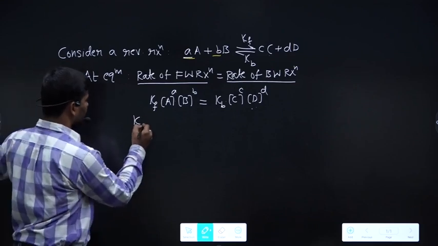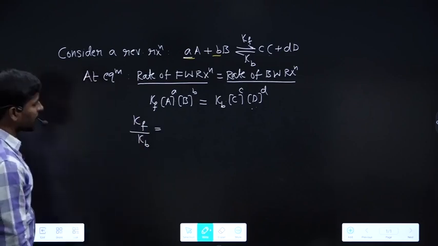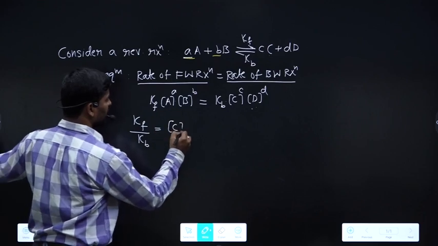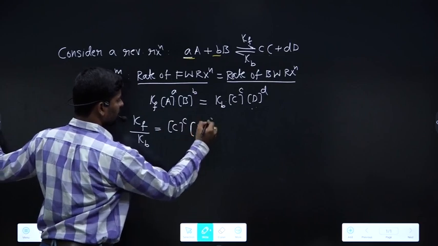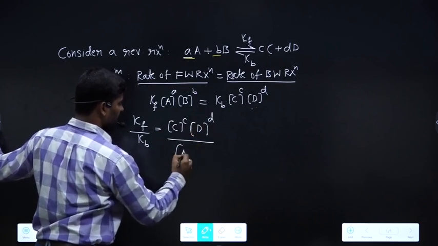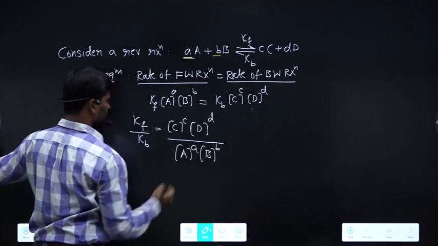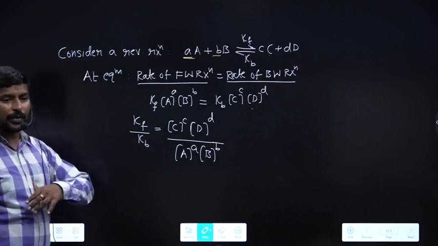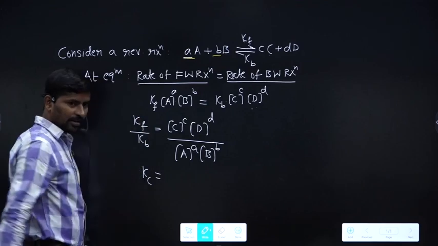Now if you take the ratio of the forward rate constant to the backward rate constant, we get C power c, D power d, by A power a, B power b. So the ratio of the forward rate constant to the backward rate constant is called the equilibrium constant. That is another constant.